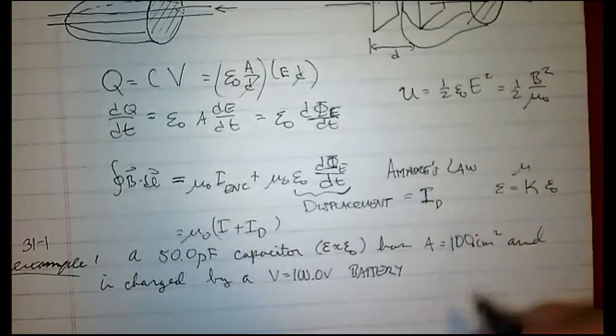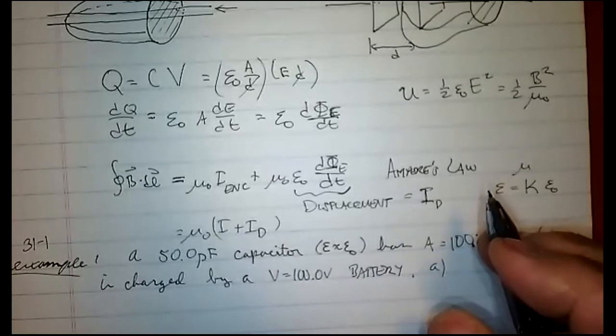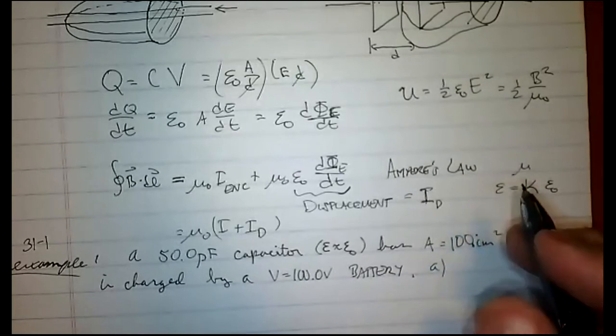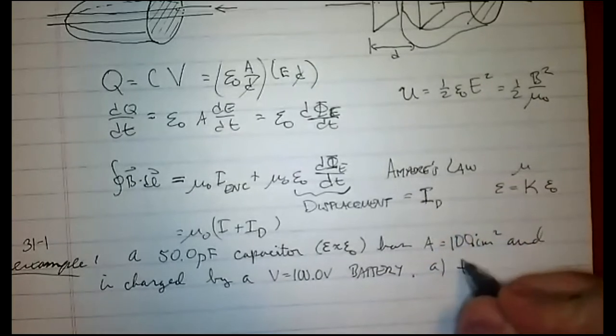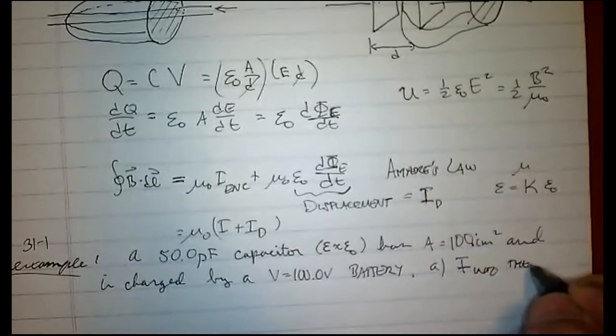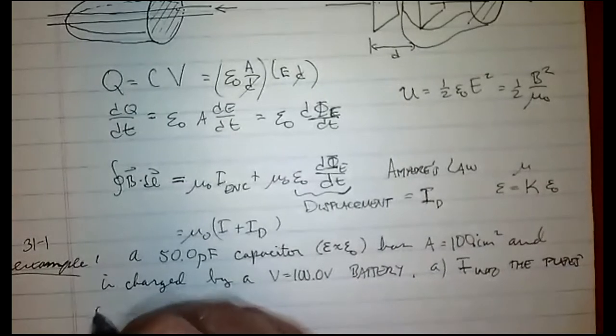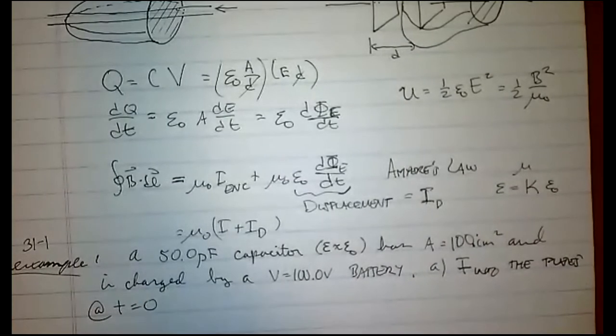What I want to do with this is, A, calculate the current into the plates at t equals 0.